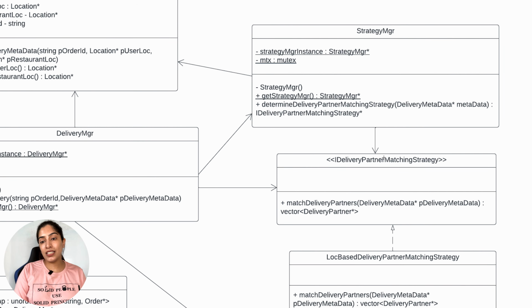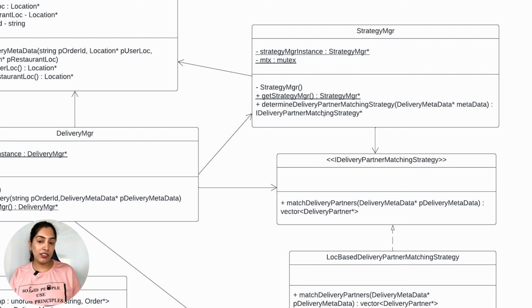But as we had discussed, there has to be another class that is going to decide what strategy we are going to use. So the strategy manager is for that. Here you can see the work of this strategy manager: it is determining the delivery partner matching strategy. This is the one that is going to decide which matching strategy we are going to use, so it is returning the delivery partner matching strategy.